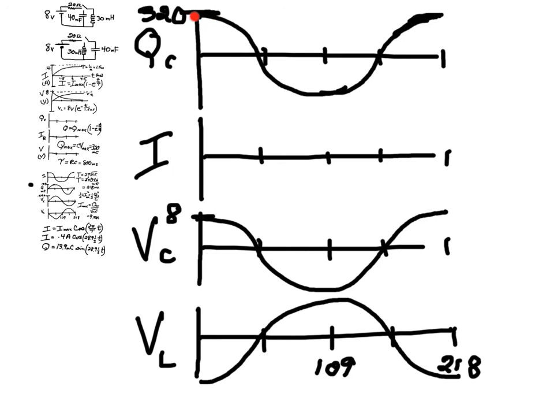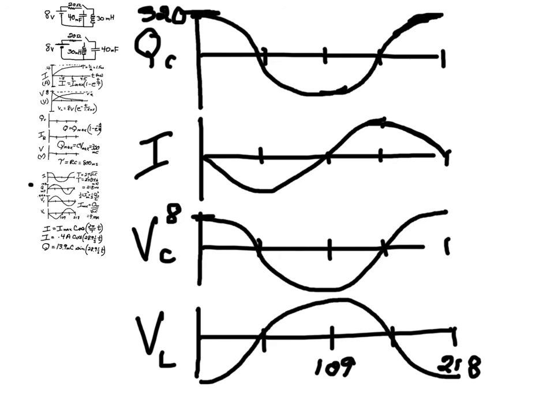Here the current is 0, and then the slope goes negative, so the current has to go from 0 to its negative maximum value, back to 0, to its positive value, and then back to 0 again. So it's a negative sine function.